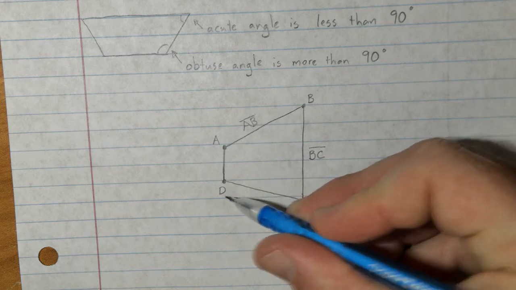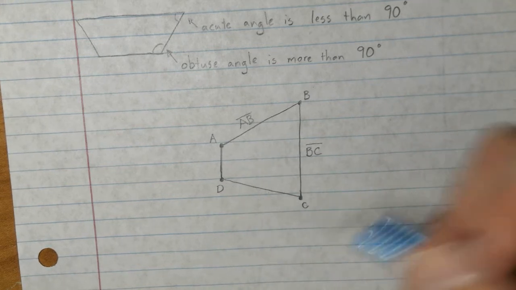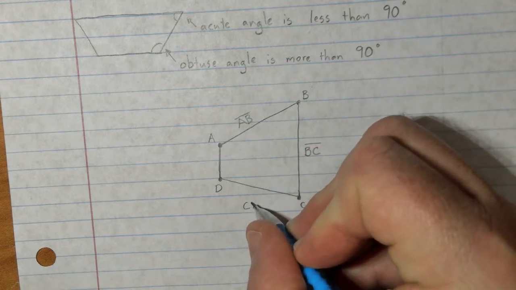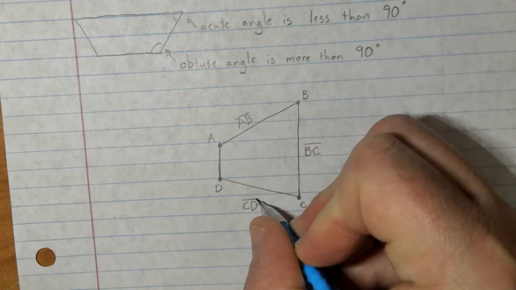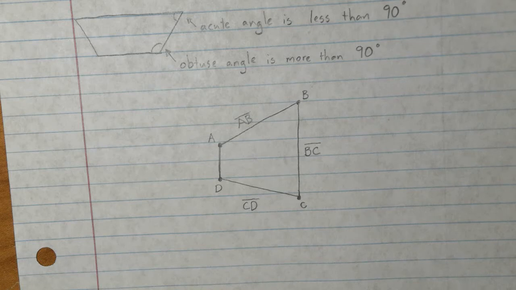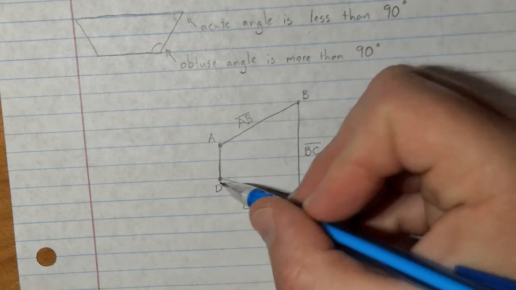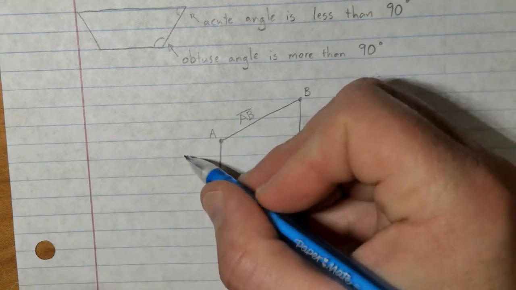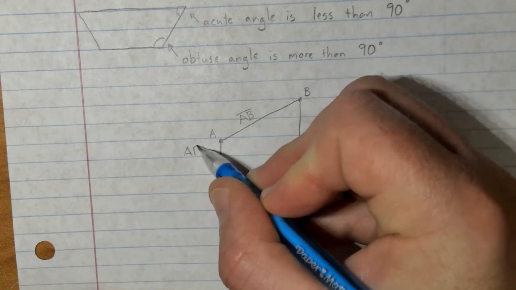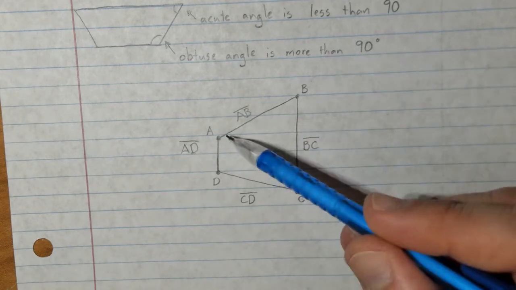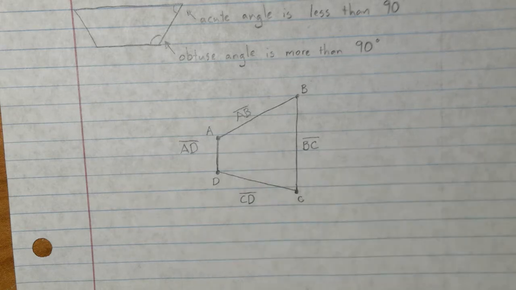This is C to D. Now, some of you may be thinking DC. Honestly, that's fine too. I usually keep them in alphabetical order, but if you wrote line segment DC, that would be just fine. That's not a problem. Same over here if you want to do DA, district attorney, I guess. That's fine. But I'll do AD just to keep it in alphabetical order. Okay. A lot of you may be arguing, but if you're traveling around, it would be D. Again, perfect. Not a problem. All good.